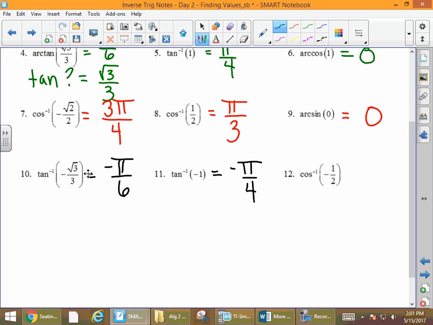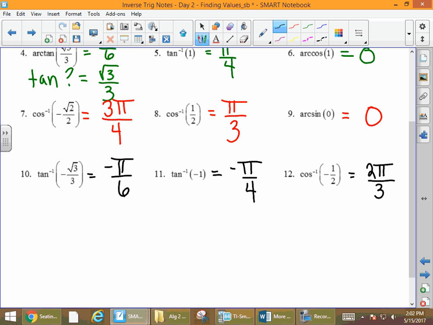And finally, with the cosine, the inverse cosine of negative 1/2, because 1/2 is negative, we're going to look in quadrant 2. So we're looking at the x values in quadrant 2. And when we do, we see that this is going to be 2 pi over 3.